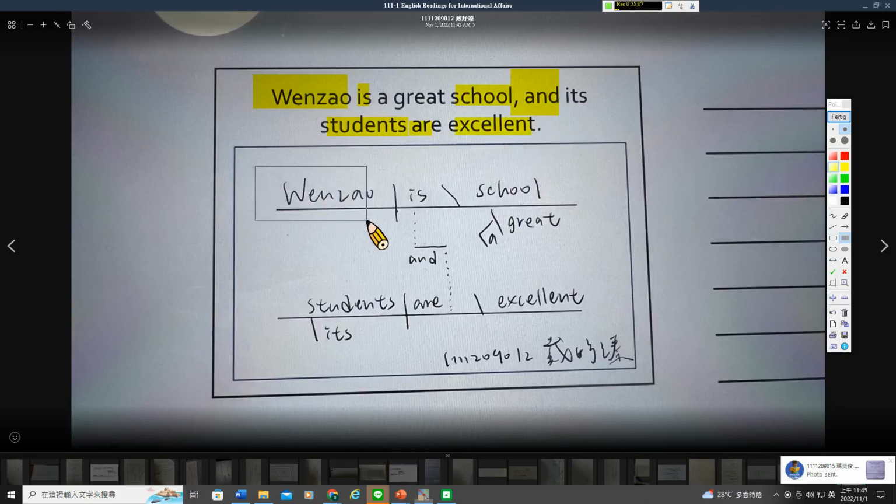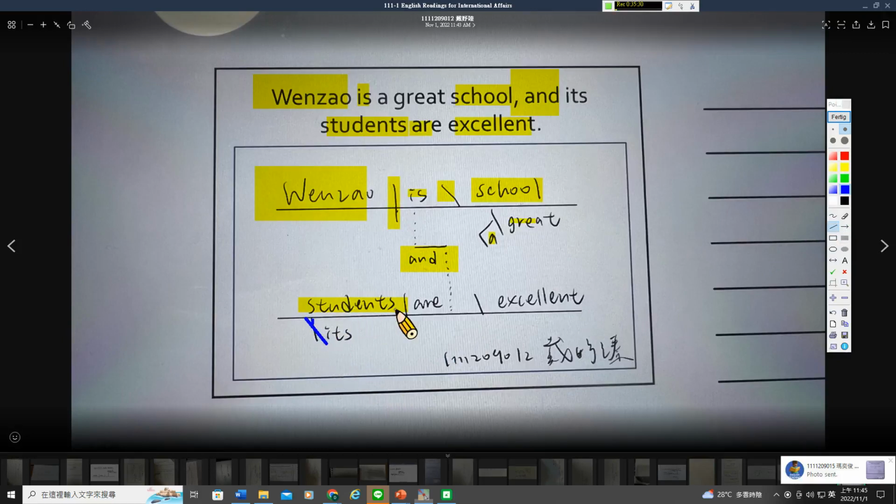So we have Wenzhou divided by a vertical line is, and school on a diagonal line, great, perfect. And this is also good. And students, and just be careful, you have to draw a little bit to make it look like a diagonal, okay?